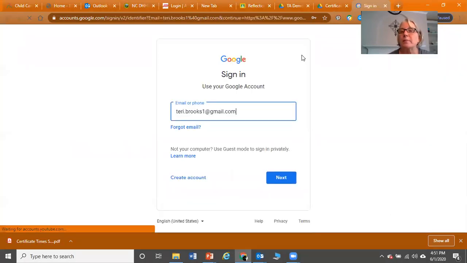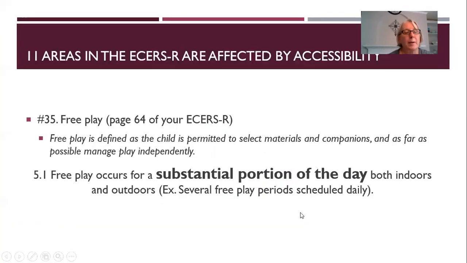That's not going to be considered free play. So it has to be their choice, and there is some manageability in there for you that you are allowed, but you've just got to be very aware that you're not limiting them or instructing them where they have to play and who they have to play with.